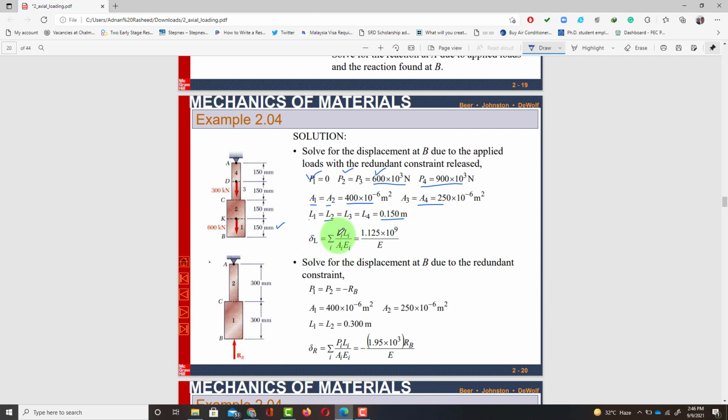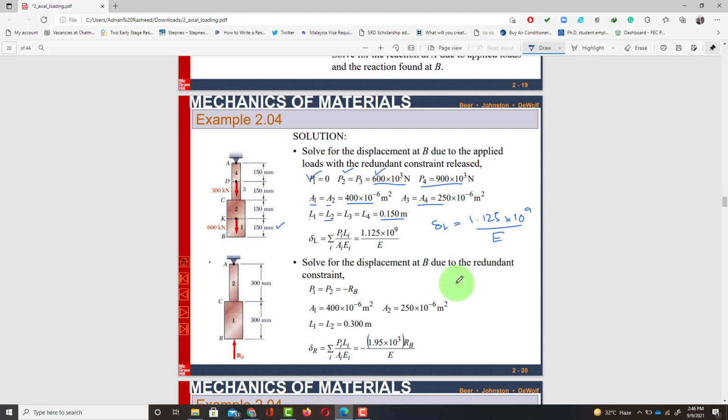Now change in length can be found using this equation, summation of Pi Li over Ai into Ei. When you put in all the values P1, P2 and the rest, and solve, you get this change in length equal to 1.125 into 10 raised to power 9 divided by E.